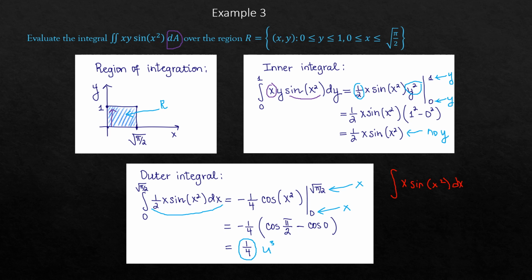That would be everything in terms of x, and of course my x goes from 0 to square root of pi over 2. And then we're going to multiply it by the integral for y, from 0 to 1 of y dy.